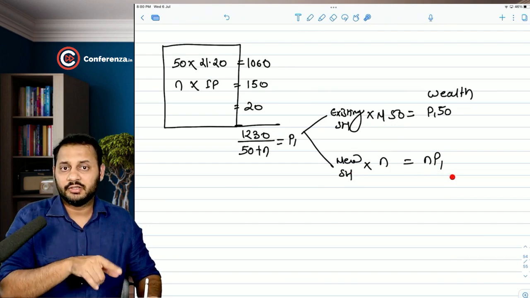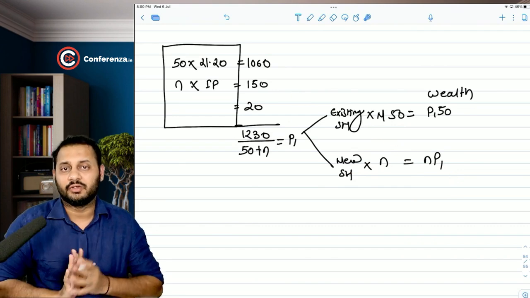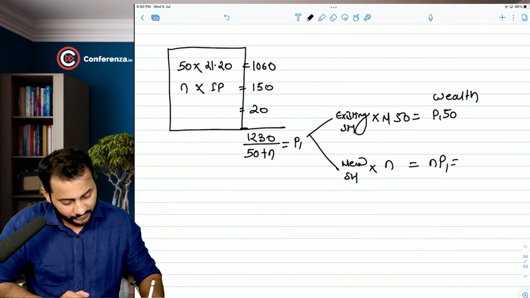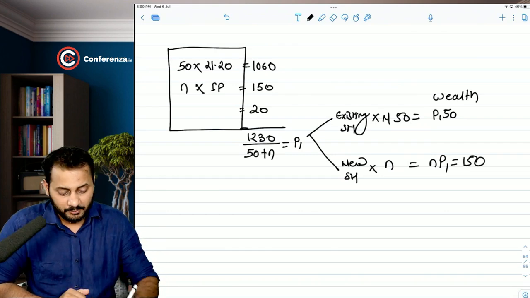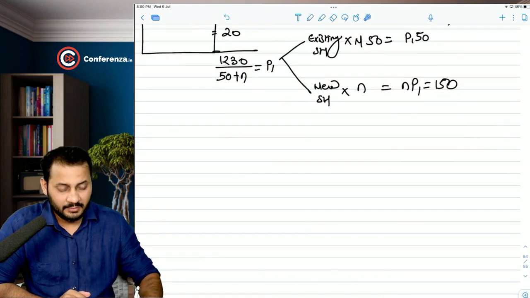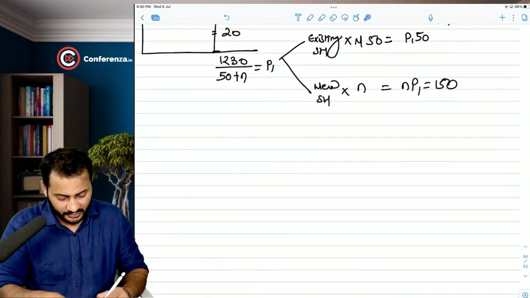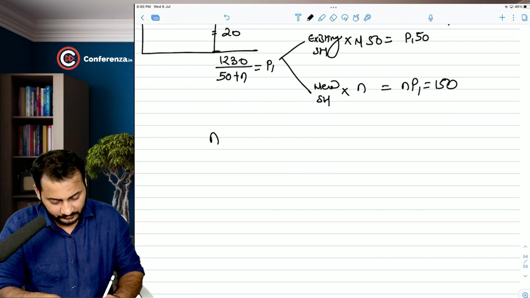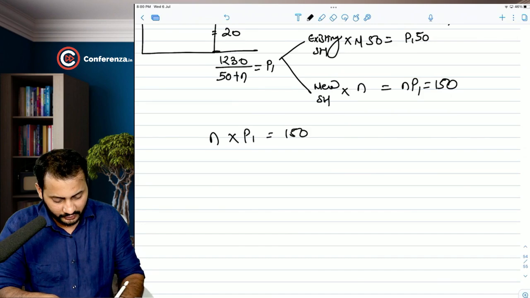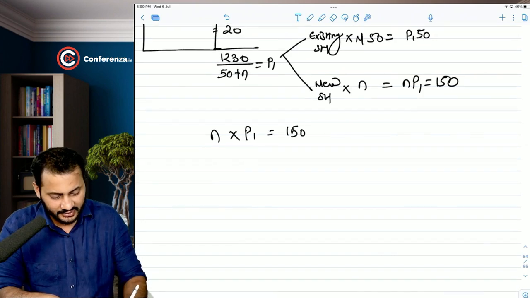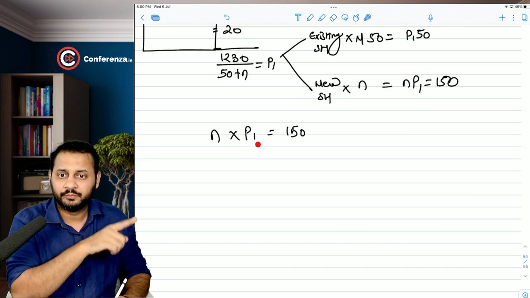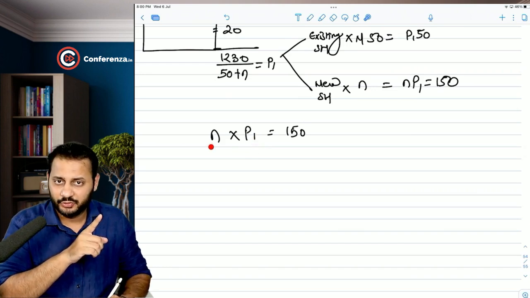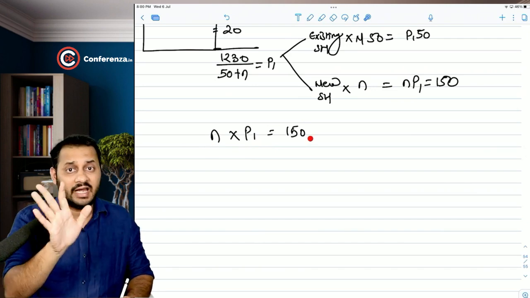So N into P1 should be equal to 150 crore. Do you agree? This is the condition: the after-issue market price and the number of shares of the new shareholders should be equal to 150 at least.